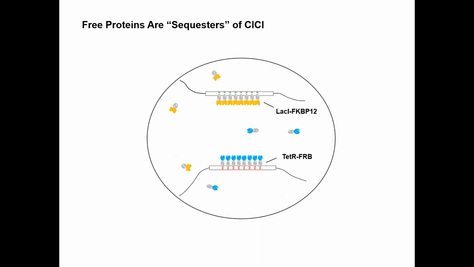To make a scenario like this, the requirement is that these proteins should have high affinity towards their binding site. If you know anything about LexA and TetR, you would say that's not a problem. Okay, in vitro, when people measure the KD of LexA and TetR, it's on the order of 10 picomolar.